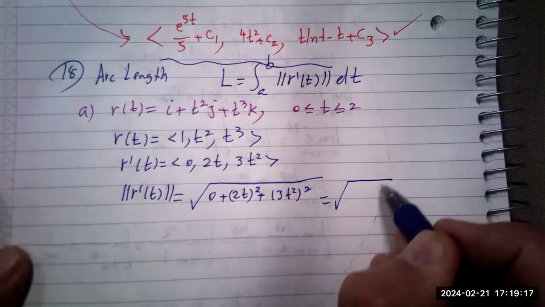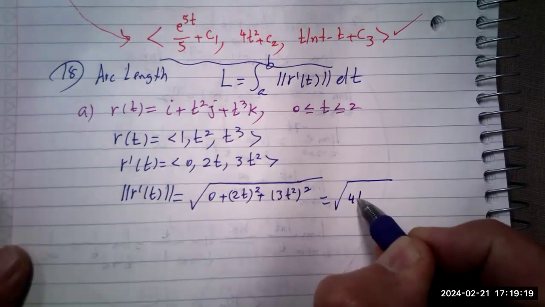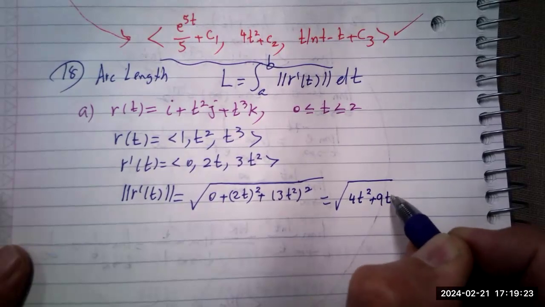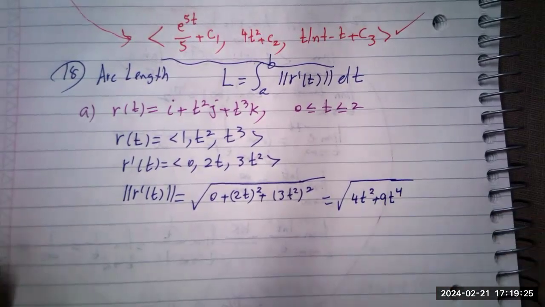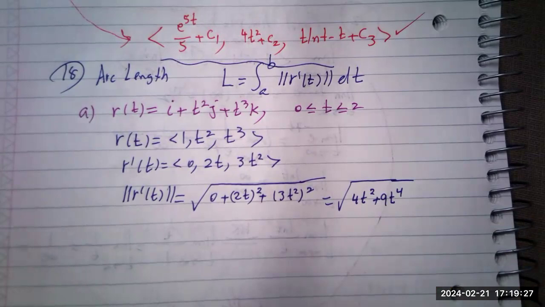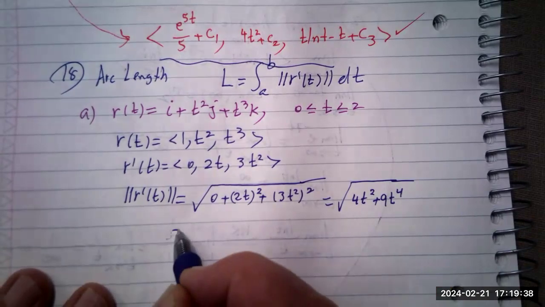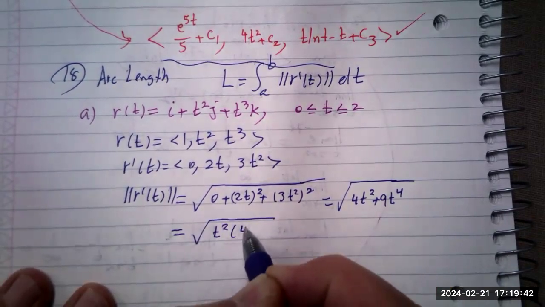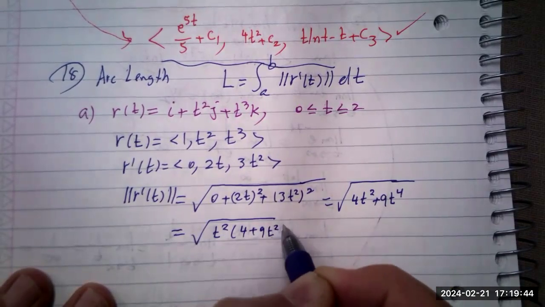That gives you the square root of 4t squared plus 9t to the 4. Okay, you have to simplify it. You cannot combine it together, but there is a nice factor t squared, which is very, very useful. So it's going to be t squared out, times 4 plus 9t squared.